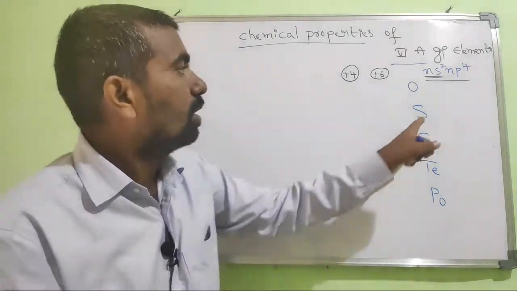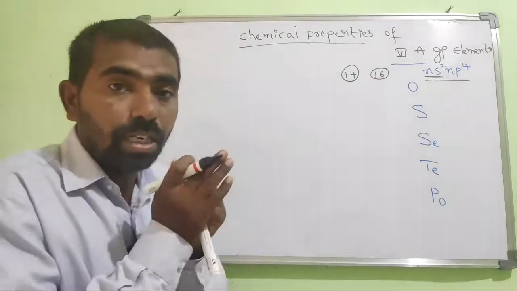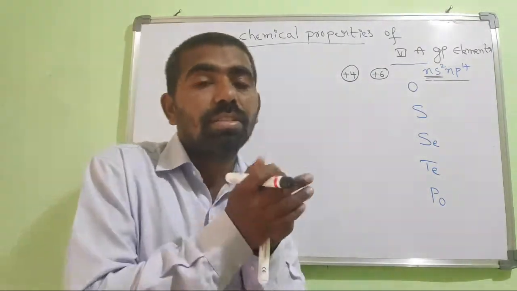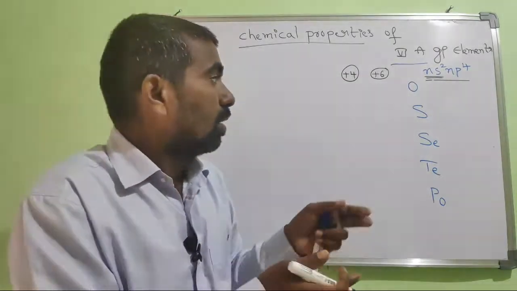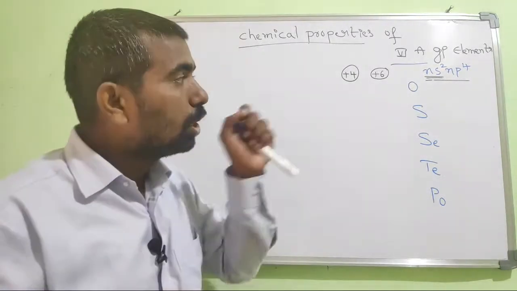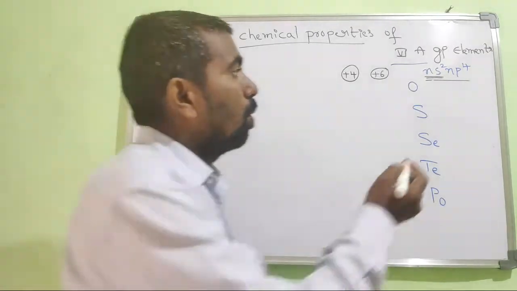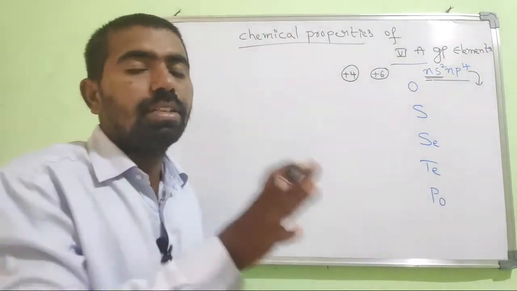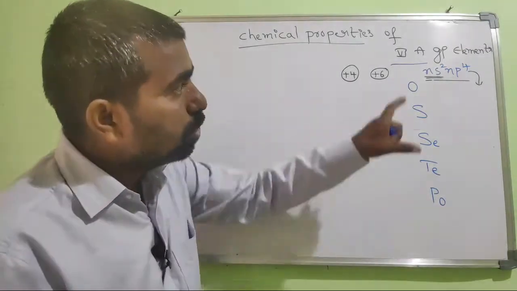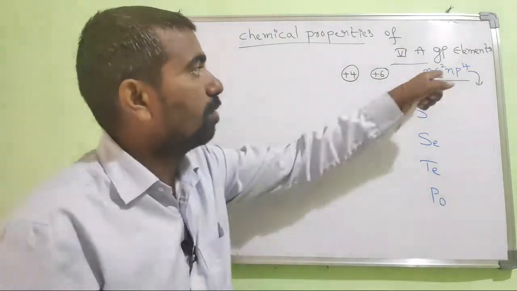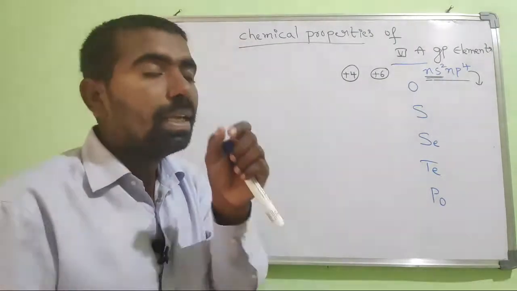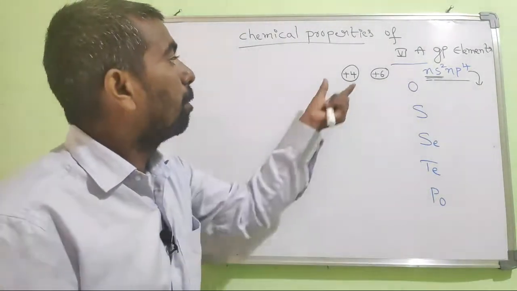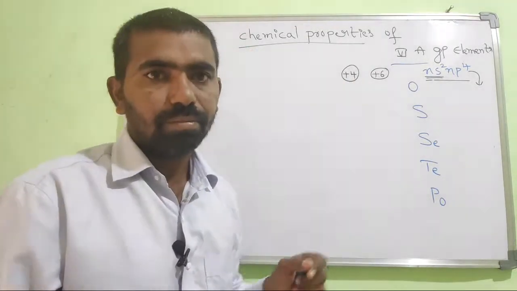So these ns2 electrons do not participate in bond formation. This is known as the inert pair effect. Due to the inert pair effect, only the 4 p electrons participate in bond formation, so these elements exhibit the +4 oxidation state.